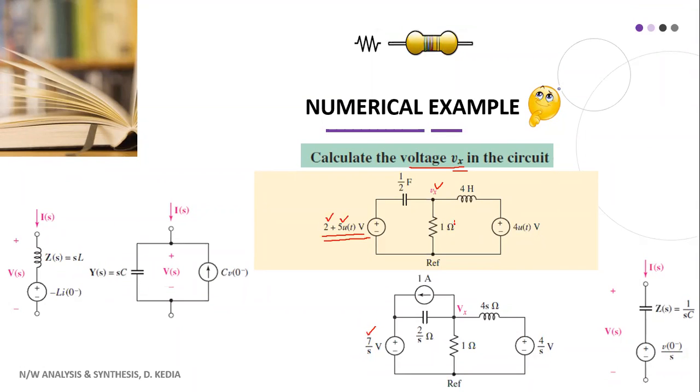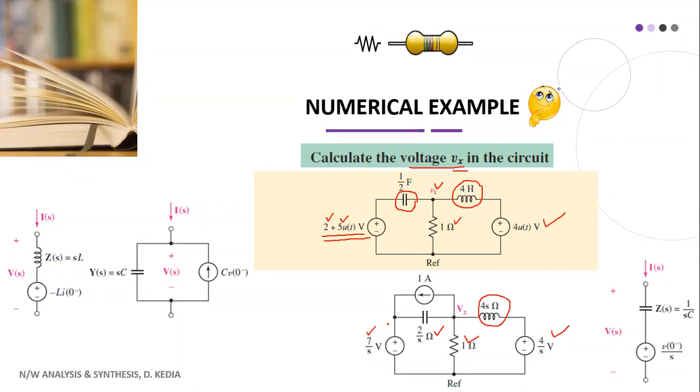Fine. The resistance of 1 ohm remains the same, that is 1 ohm. The second voltage source 4u(t) becomes 4 by S. The inductor of 4 Henry becomes 4S ohm. Then the capacitor of 1 by 2 farad becomes 1 by Cs, that is 2 by S. Now we are left with initial conditions.